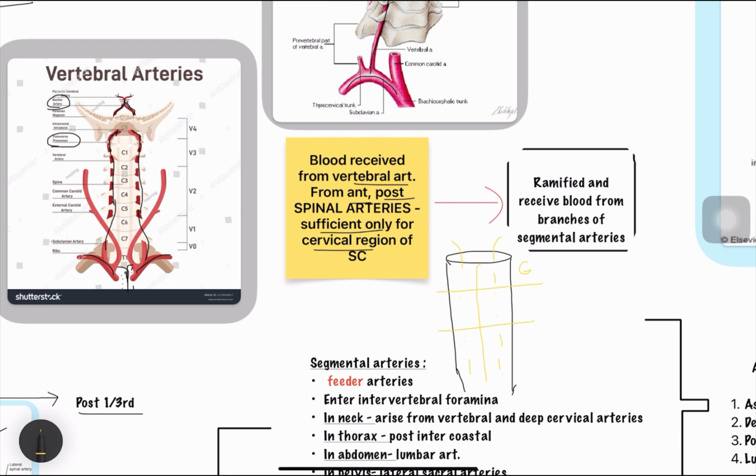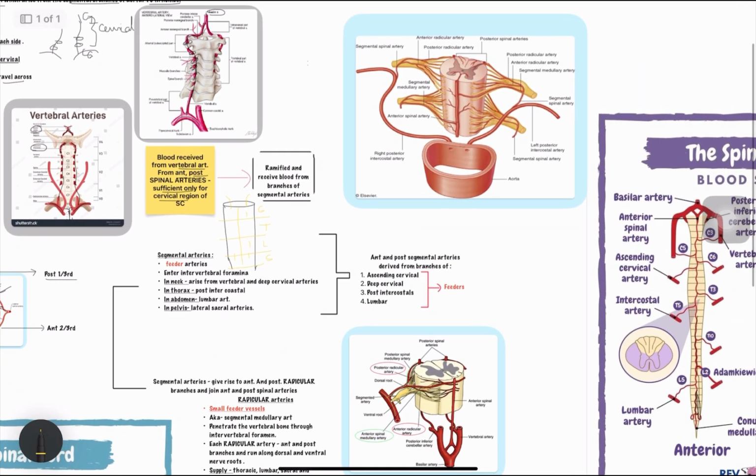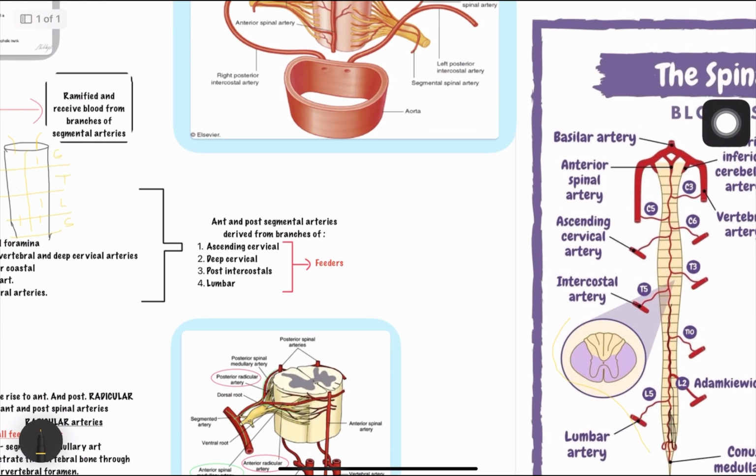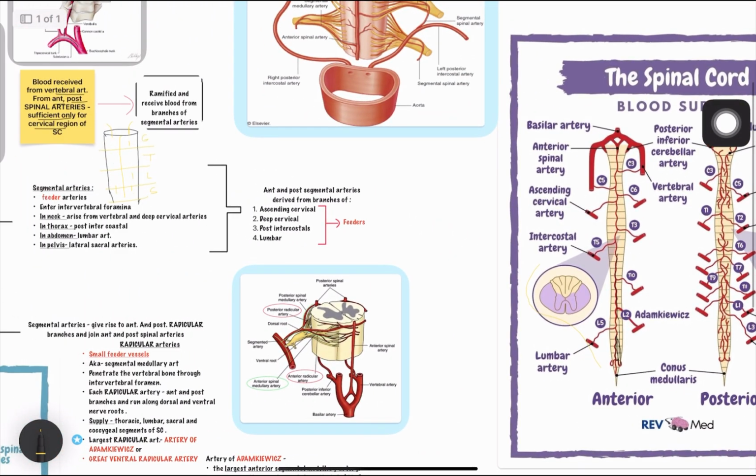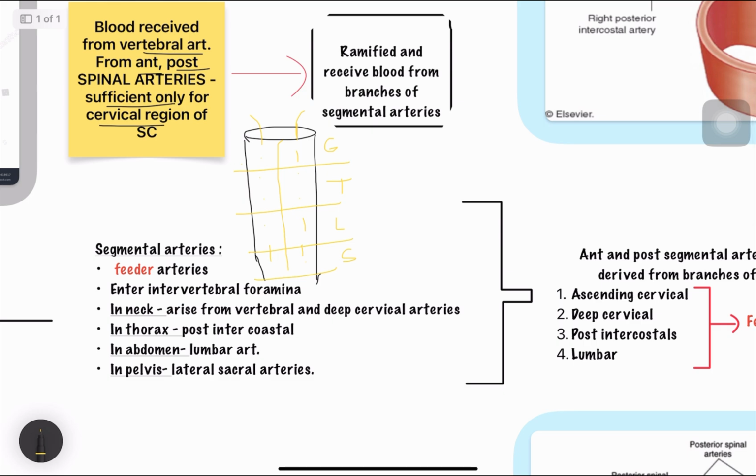There is also the thoracic region, lumbosacral region. Of course, I just drew an imaginary picture. When we see a detailed picture over here, then we'll understand better. So if the blood is sufficient only in the cervical region, then how about the other regions? How about the blood in the other regions?